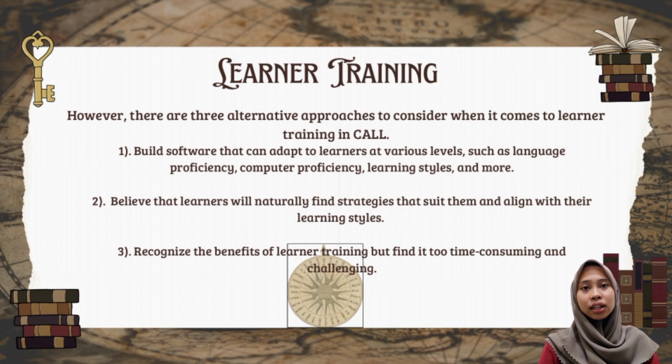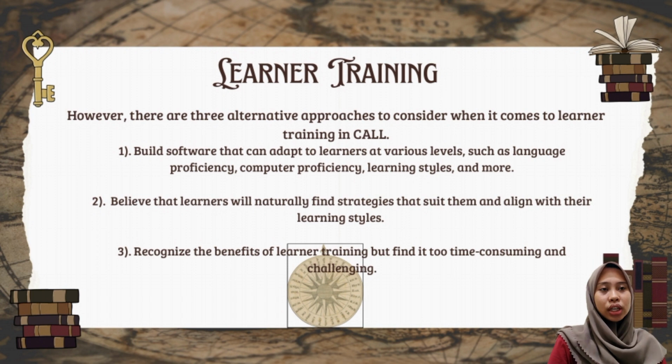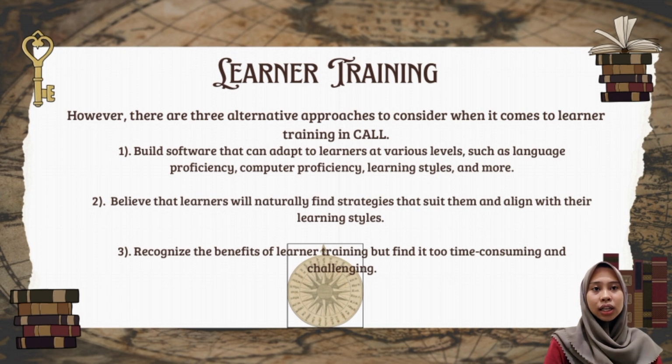The second alternative is to believe the learners will naturally find strategies that suit them and align with their learning style. However, this approach might not be feasible for most students, as they may not be aware of all the features and options available in the software or digital tools they use.